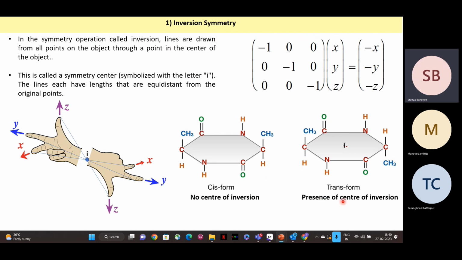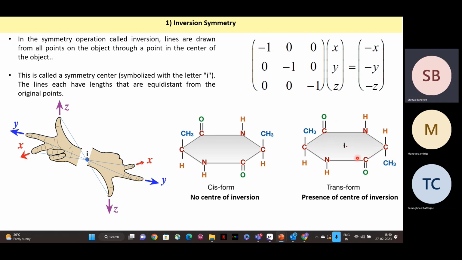But in the trans form, the middle of this hexagonal cycle is the center of inversion, because suppose I start from this CH3 to the center of inversion. If I travel the same distance on the opposite side, I will get another CH3. You can repeat this for all the atoms.